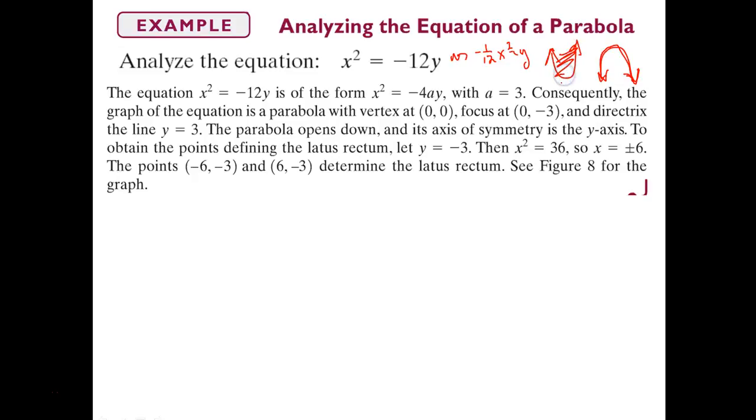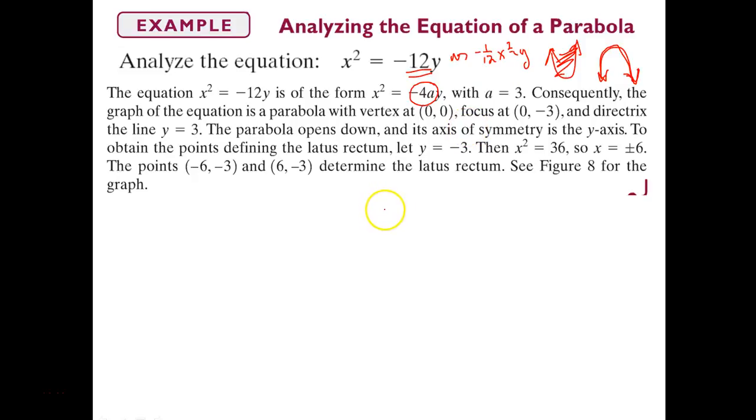And so my coefficient has to remain negative, so this is a negative 4a. Well, if I take this term that they're saying is equal to a negative 4a and set it equal to this, I can easily find that a value.